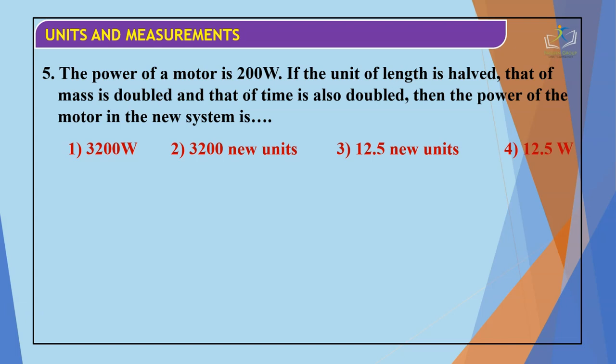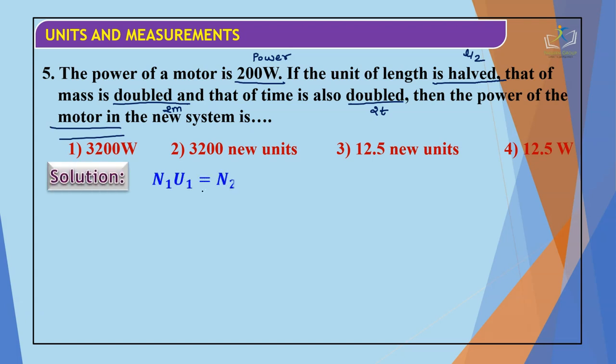So let's first see the question. We have been given the value of power, then the length, mass is double and time is also double. So we have to calculate the new power. Let us see the solution.